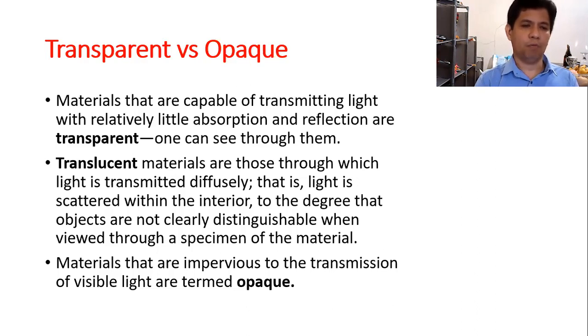When you say opaque, most of the light is reflected, right? It can also be absorbed, as long as there is no transmission of light. The transmissivity is approximately zero. Okay, so these are the terms that you need to describe the optical properties of a material.